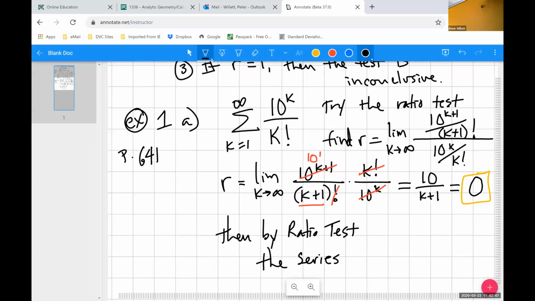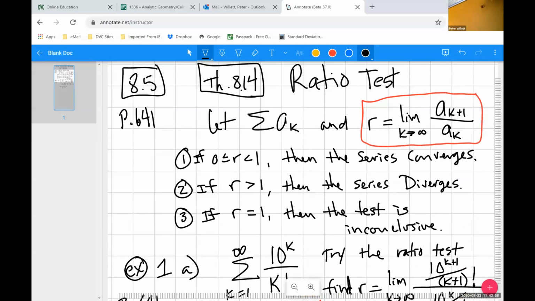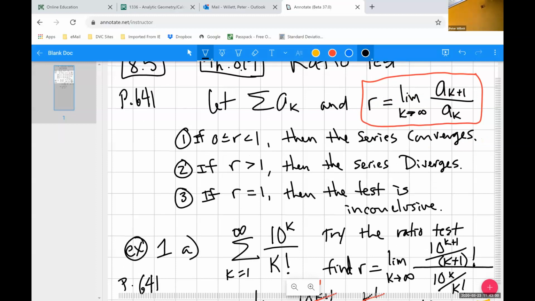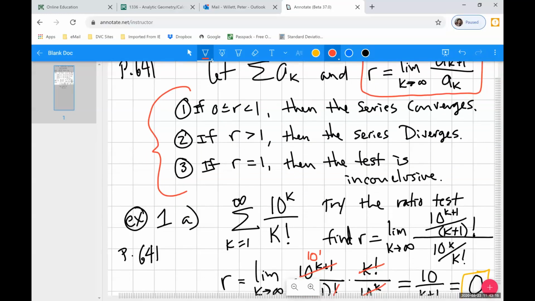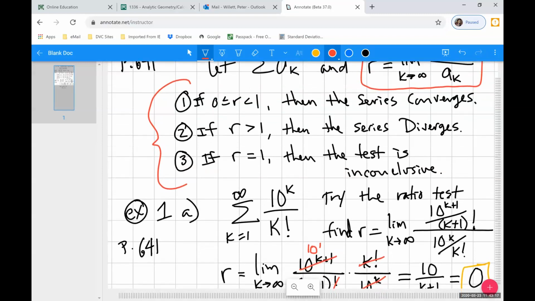Anybody able to see? Does this mean that the series converges or diverges or what? Here's the ratio test up here. So based on those three choices, what do we say? Can anybody offer that up? It converges. Converges, very good.